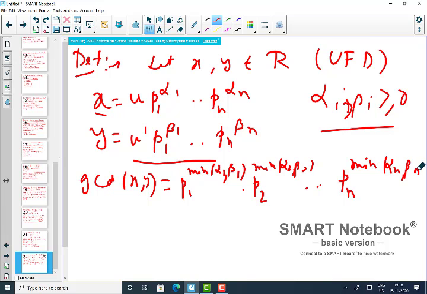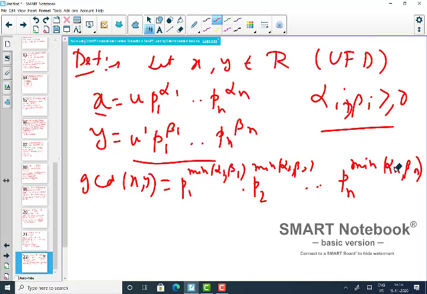Note that some of the Pi's may not appear here, because some of the alpha or beta may be 0, and then the minimum will be 0. By this we define the GCD here, and when you learn PID, I will define these things properly.